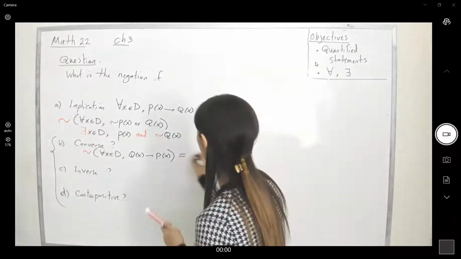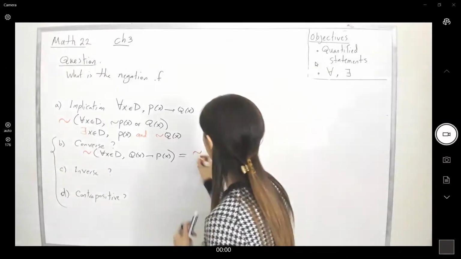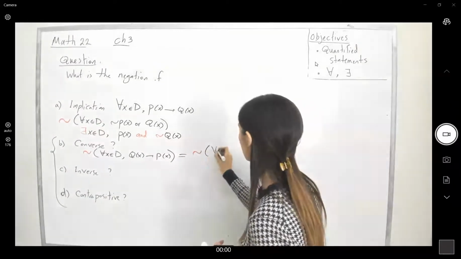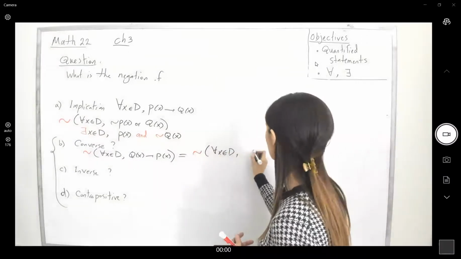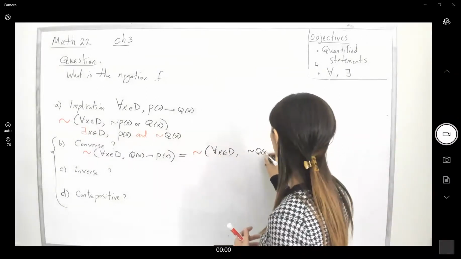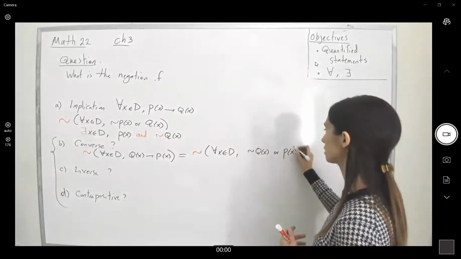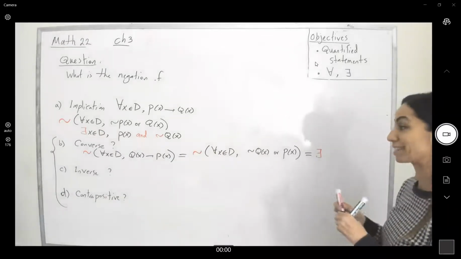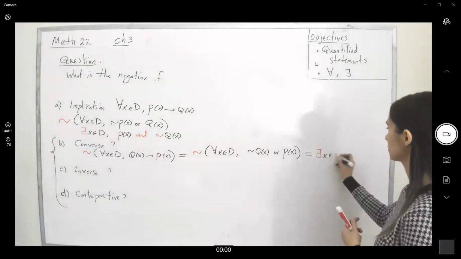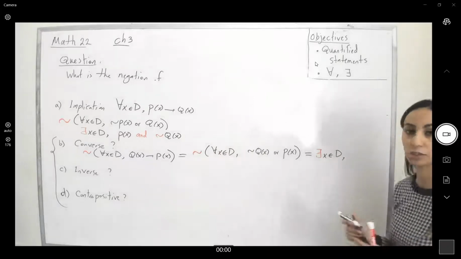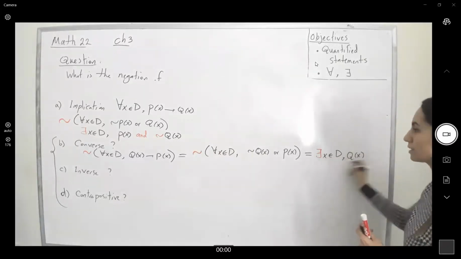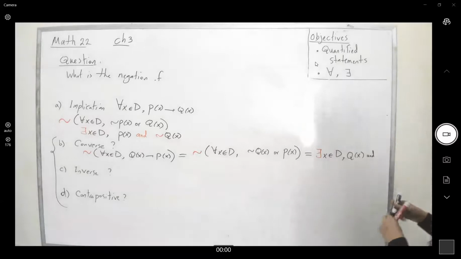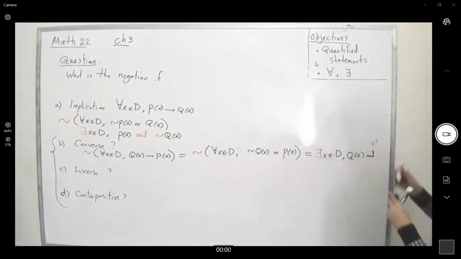We have to convert the implication using OR: not for any x in D, not Qx or Px, which can be written as there is at least one element in the domain such that Qx and not Px.